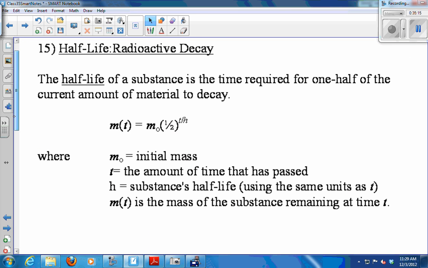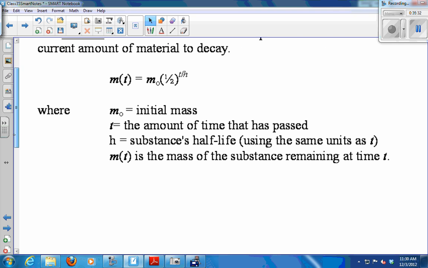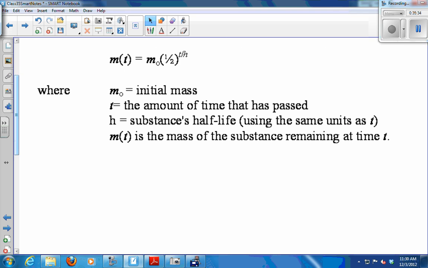Okay, so the last thing we're going to talk about today is half-life and radioactive decay. So the half-life of a substance is the time required for 1/2 of the current amount to decay, to go away. Okay, so this is my general form for half-life of a material.